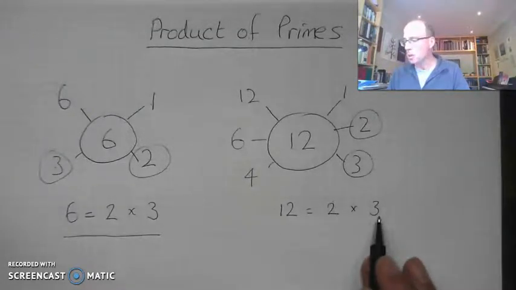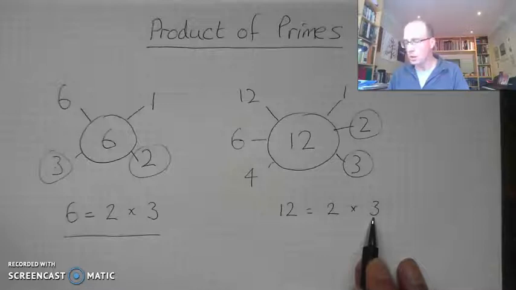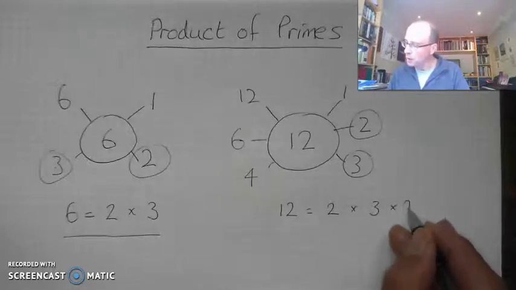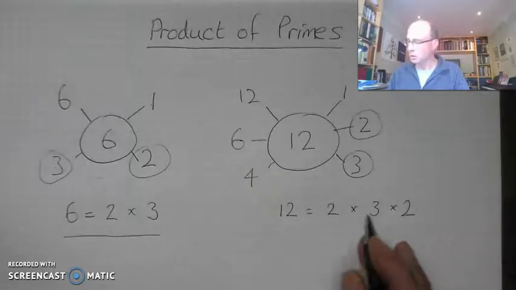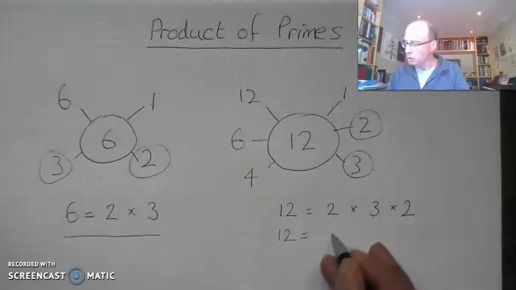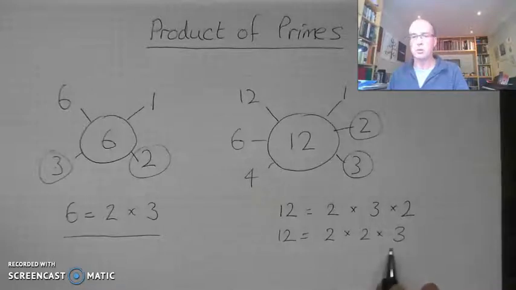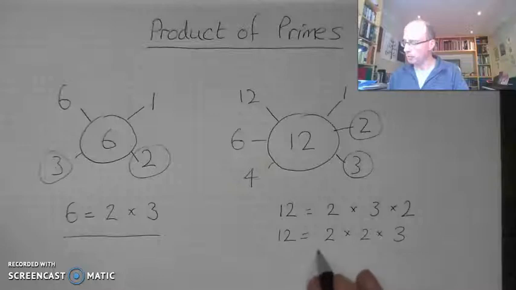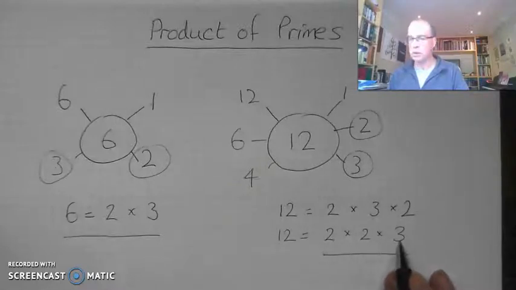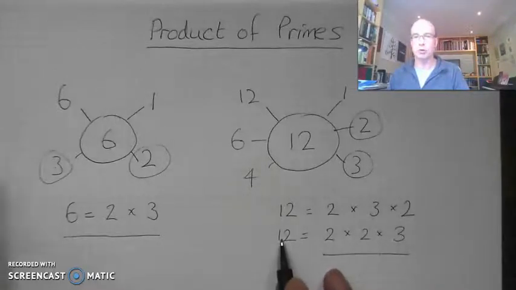If I multiply 2 by 3 I get 6, so I'm not quite there. I need to multiply it by another 2. So I've got 12 is equal to 2 times 2 times 3, just reordering it, putting my 2's first and then my 3. So 2 times 2 is 4, times 3 gives me my 12.